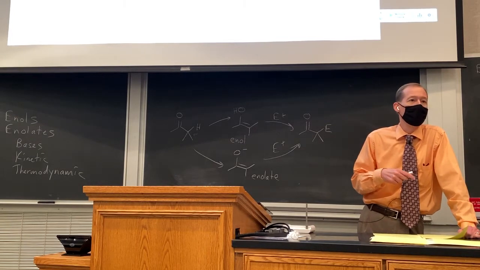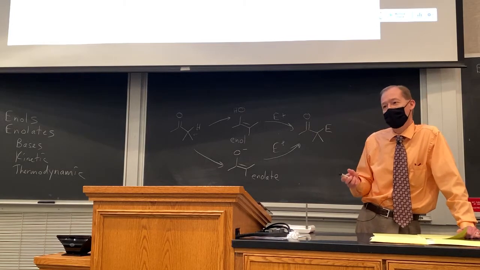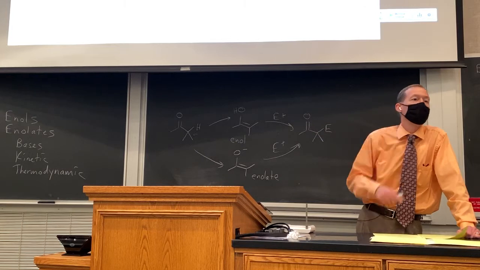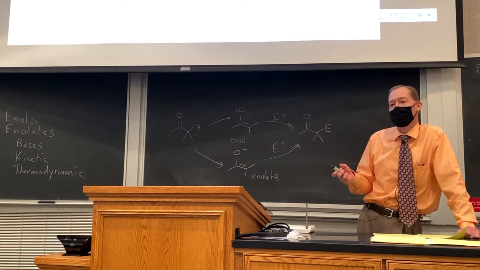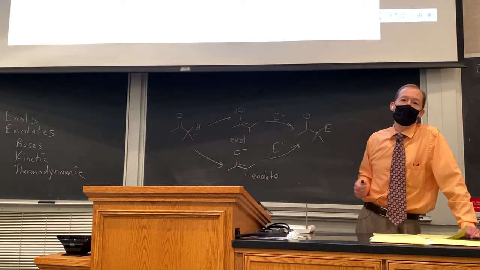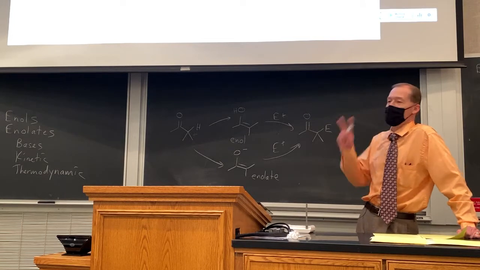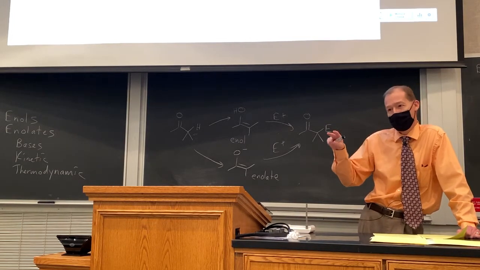We're very comfortable with seeing the carbonyl carbon as an electrophile having nucleophiles attack. But we can convert carbonyl compounds into nucleophiles at the alpha carbon. And those nucleophiles are known as enols and enolates. And so our next two chapters are going to cover the chemistry of enols and enolates.